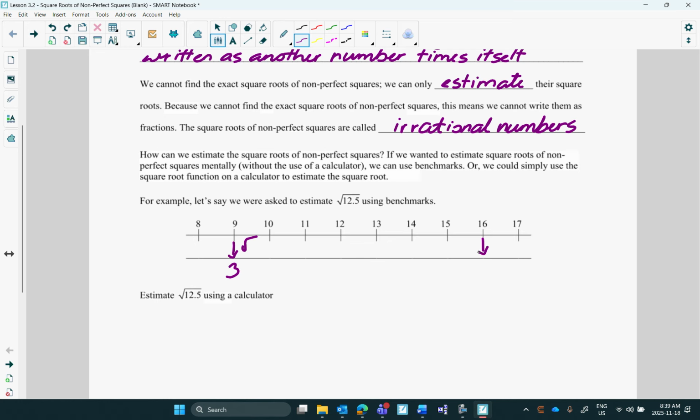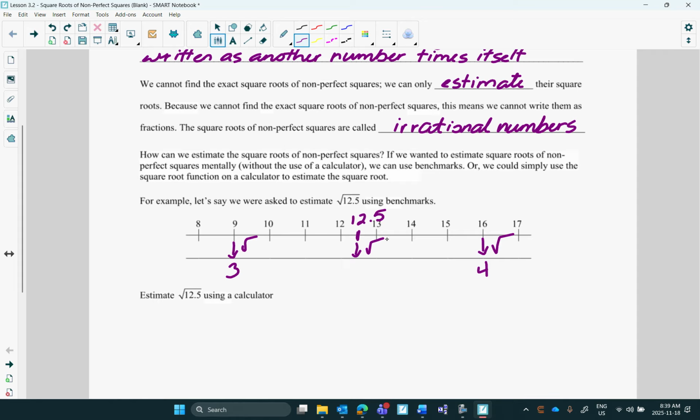And if we take its square root, we get 4. Well, here's 12.5, right here. If we tried to take the square root of 12.5, wouldn't our answer end up somewhere between 3 and 4? And whereabouts between 3 and 4? About halfway.